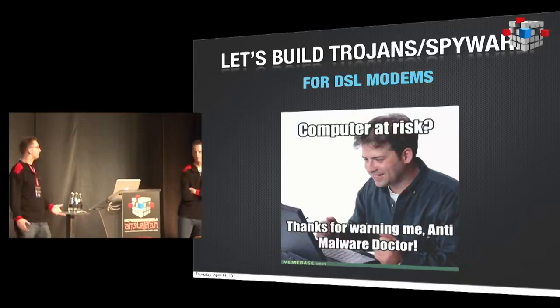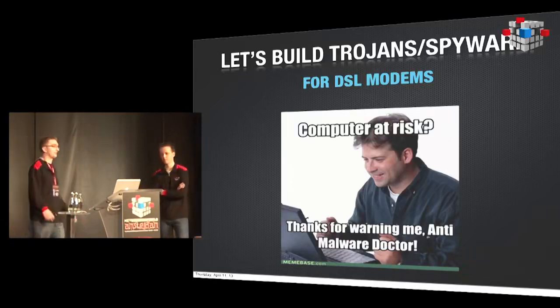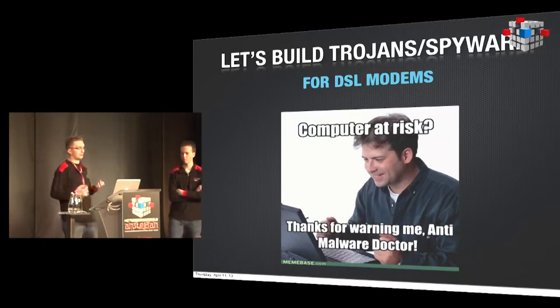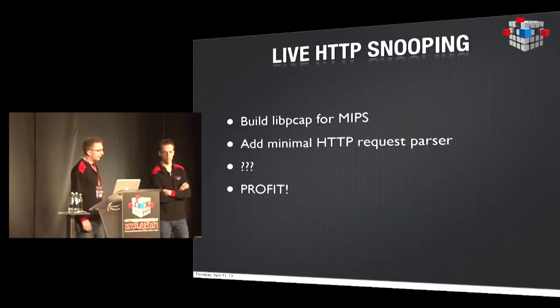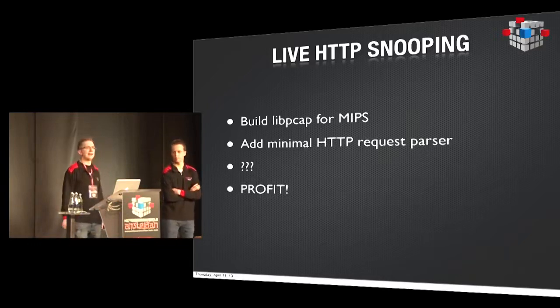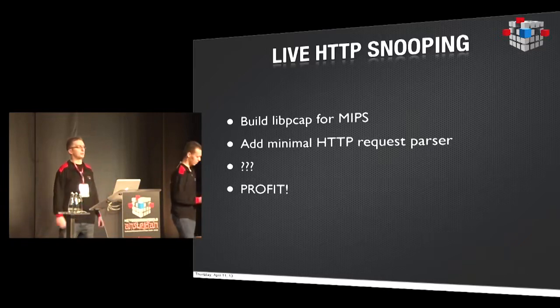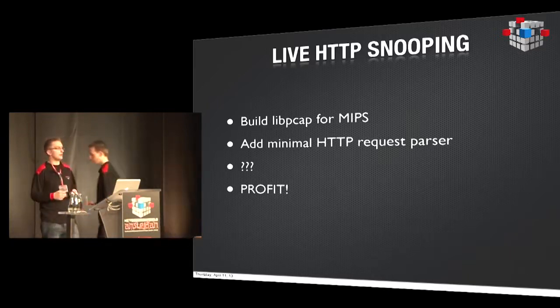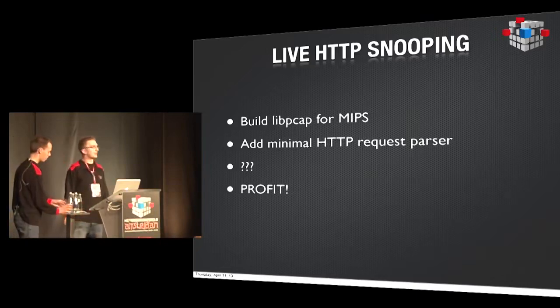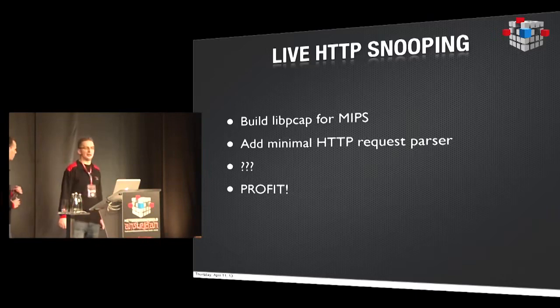Let's build some Trojans or spyware for DSL modems, or look at how we could do this. So first of all, I started off by cross-compiling libpcap for MIPS, because libpcap is very handy when you want to build your own toy sniffers or compile tcpdump or whatever. So I started by building a small utility which I call the tube miner, because it mines your tubes.